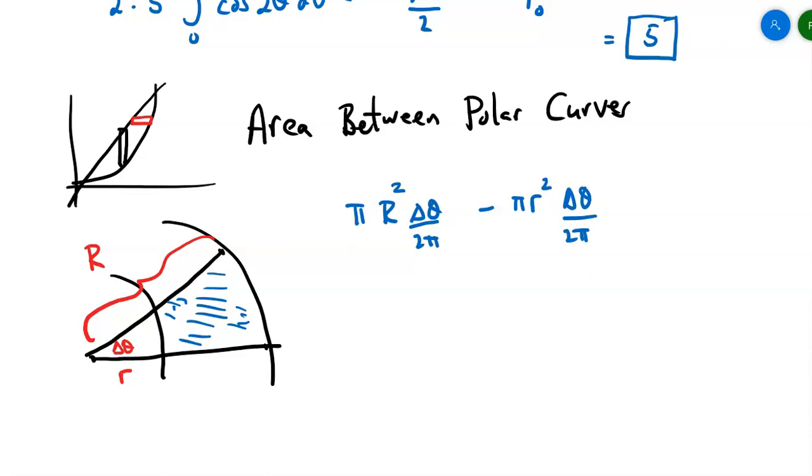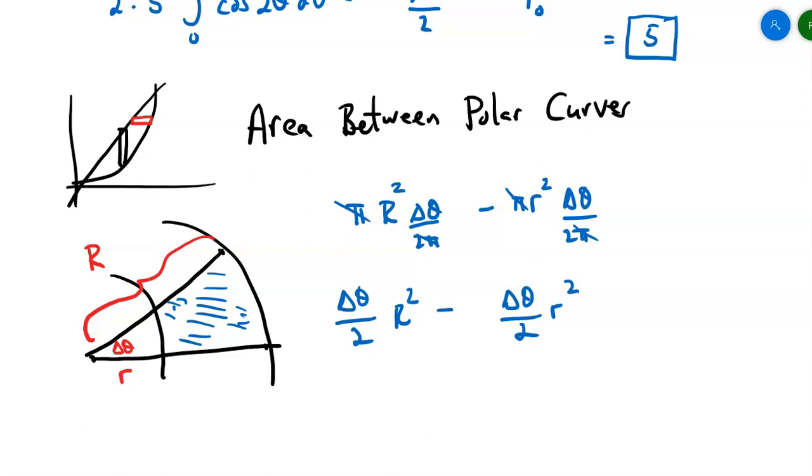And if you look at the way this is structured, there's a lot that's in common between these two things. So first of all, let's knock the pi's out. And I end up with delta theta over 2 times big R squared minus delta theta over 2 times little r squared. All right, this is starting to look like a formula.